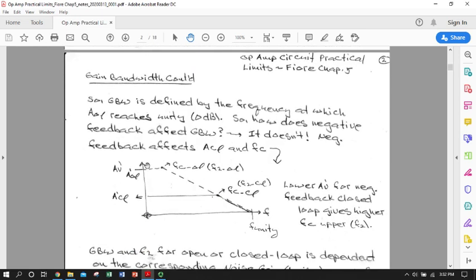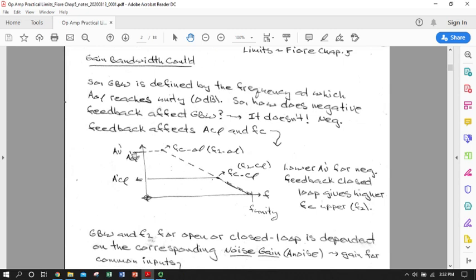So we'll look at this just a little bit more graphically. So the dotted line in this graph would be our open loop condition. So we've got a very low upper critical frequency. It's fairly close to DC. So we have a tiny midband region. Got a huge gain, tiny midband region. And of course, you know that we're not going to achieve all of that open loop gain anyway, because we're going to be limited by the supply rail voltage, so we can afford to sacrifice some.